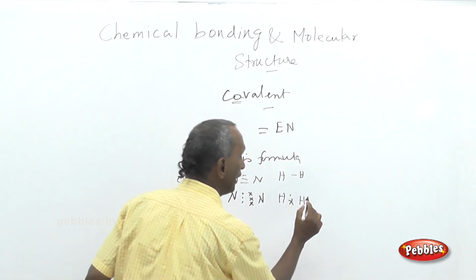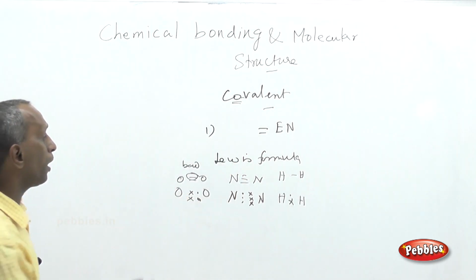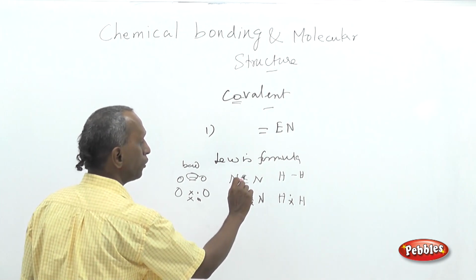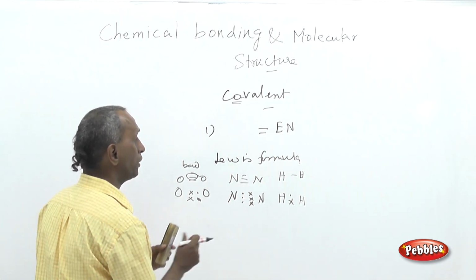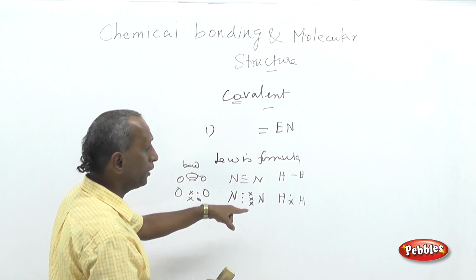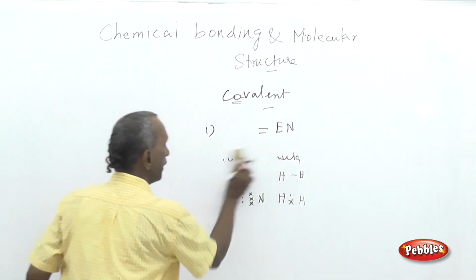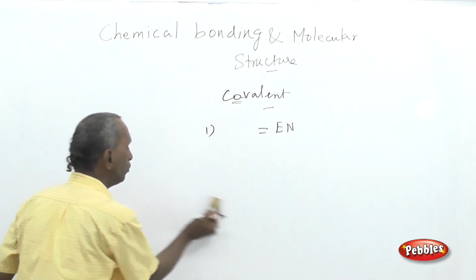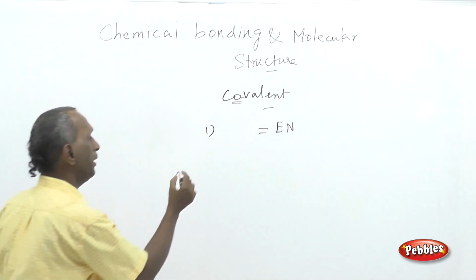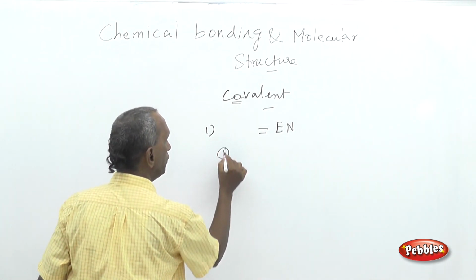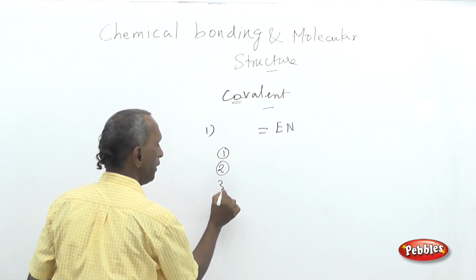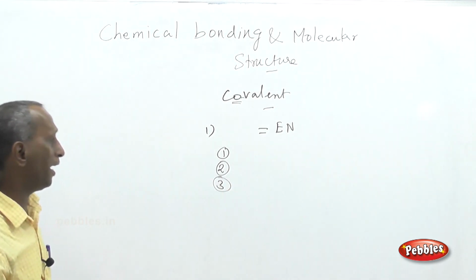This is the Lewis formula. In this Lewis formula, you can arrive at how many electrons are there, or what the electrons are. So now we will have to segregate the type of electrons. In general, for the electrons between 2 atoms in covalent bonding, 3 types of electrons are to be noted. We will see them in molecular orbital theory later.